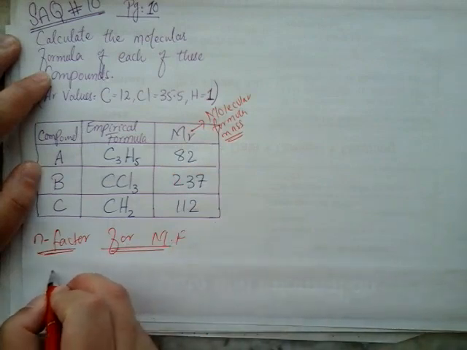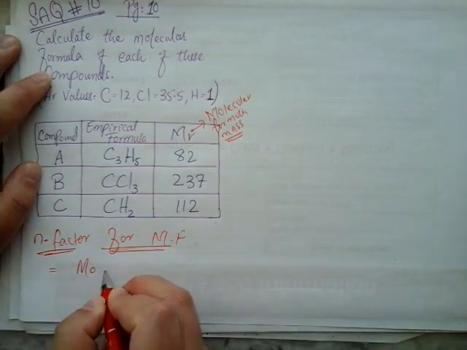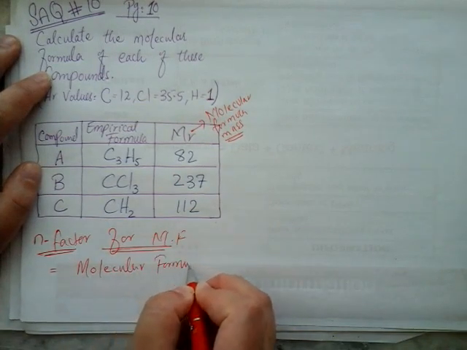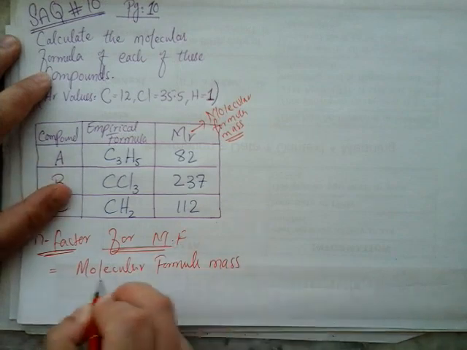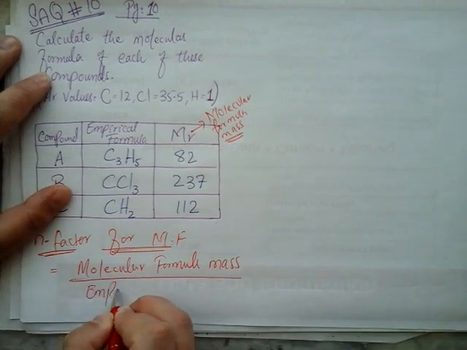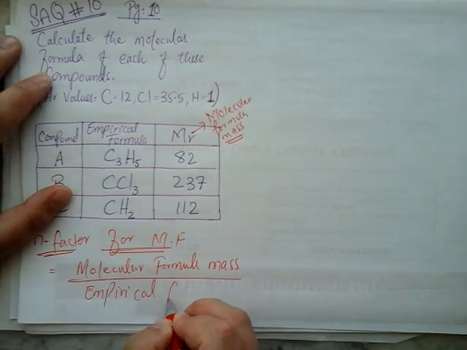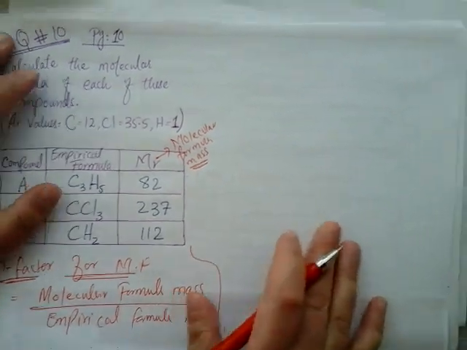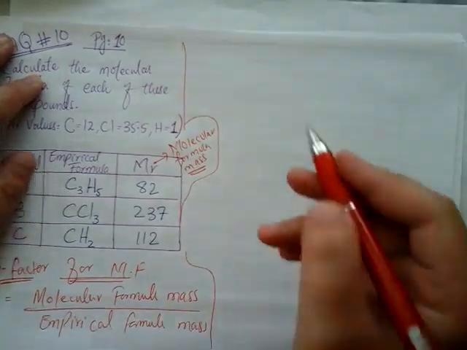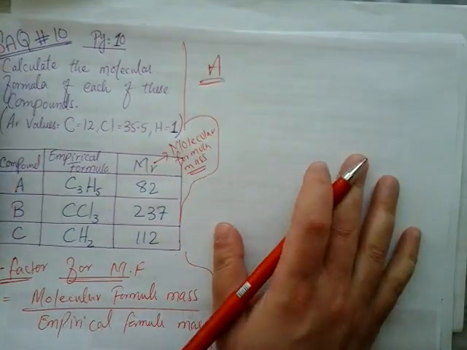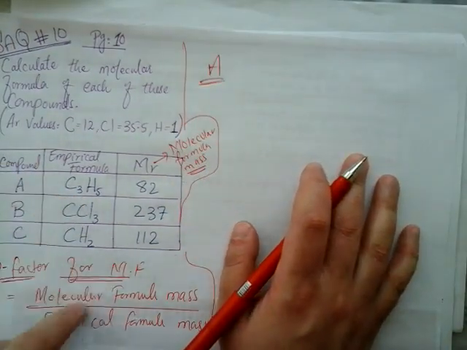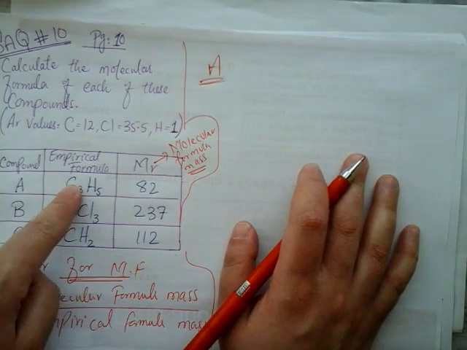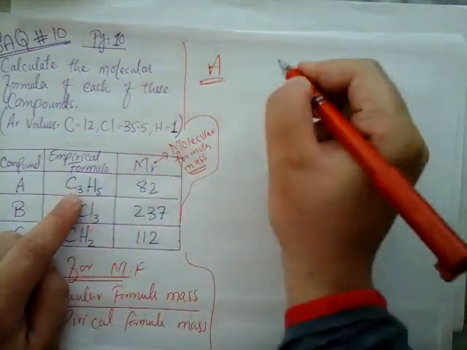And the n factor, we know that it is equal to molecular formula mass divided by empirical formula mass. This is the formula for this. Now starting from part A, the molecular formula mass is given as 82, and we have to find the empirical formula mass from it.